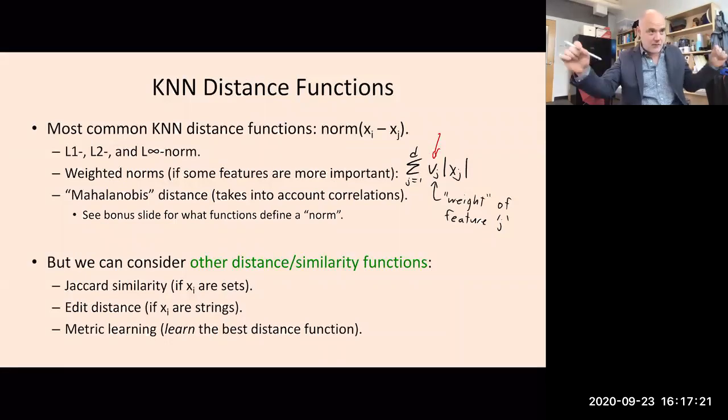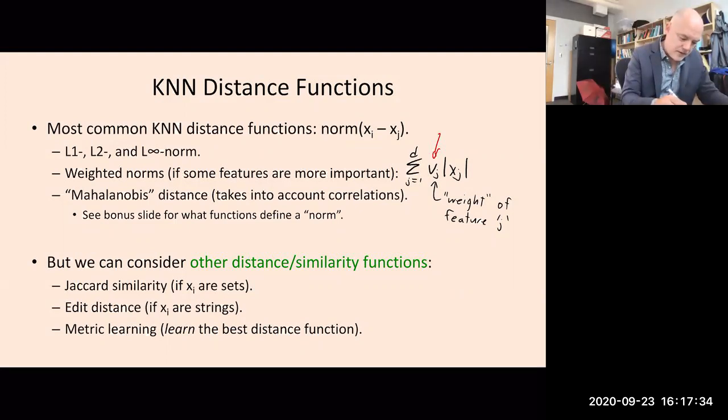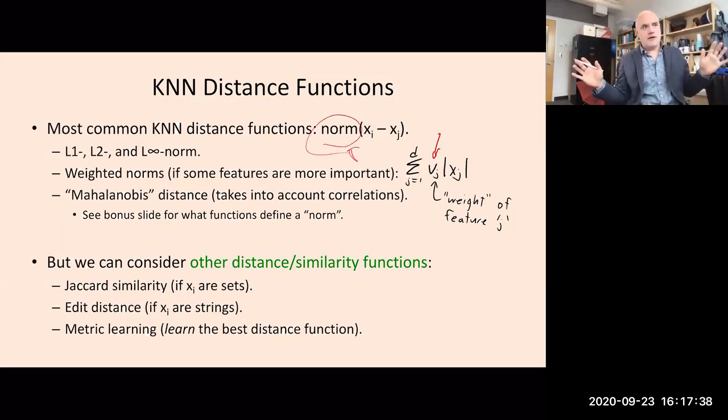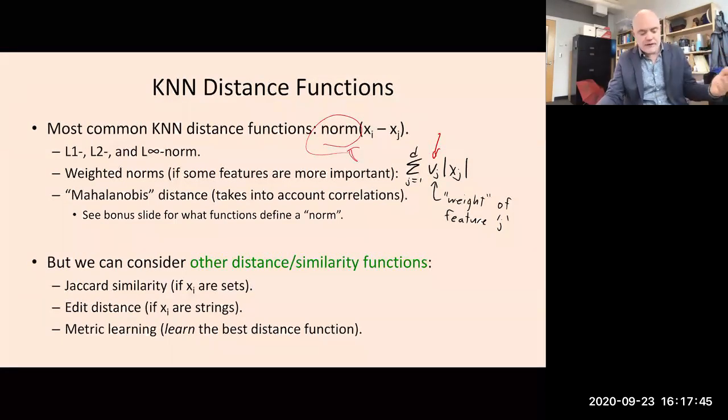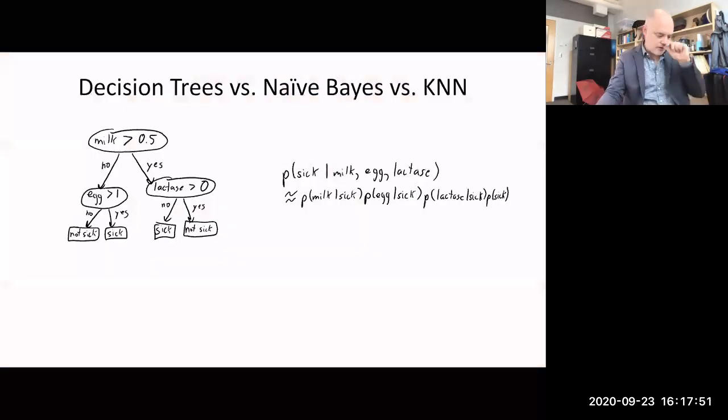If the xi's represent sets, you might want to compute distances by Jaccard similarity, or edit distances if the xi's are actually strings, or the branch of machine learning that tries to learn the distance metric. In other words, instead of the norm, you can think of this as some parametric form that we want to learn somehow, so you can learn this distance function as well as your classifier parameters, whatever that happens to be.